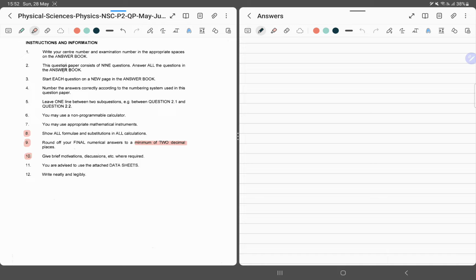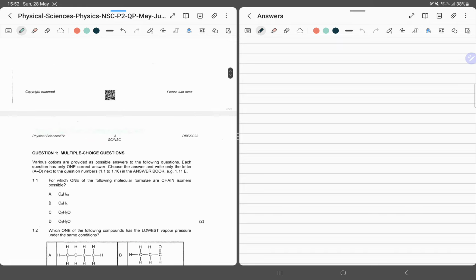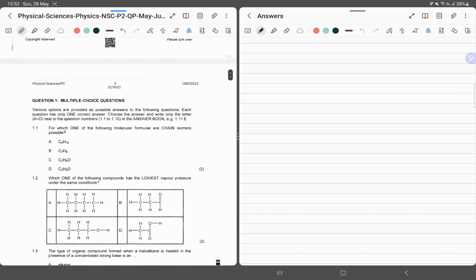And for motivations or discussions, keep them brief and to the point. And obviously, when you run into a corner, there is help for you in the data sheets for any formula that you may have forgotten. Okay, let's get to question 1.